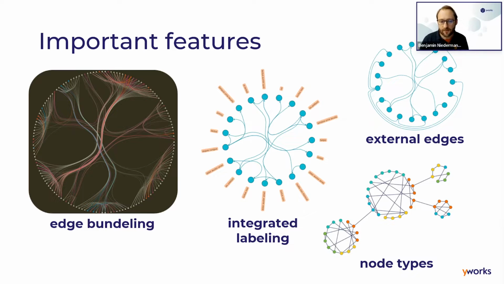And then finally, I also want to mention the node types. So far, the order of the nodes on the circles is determined automatically, but of course, sometimes you also want to customize this. And one possibility is to use node types. Here, the idea is that you give each node basically a color or some kind of type.